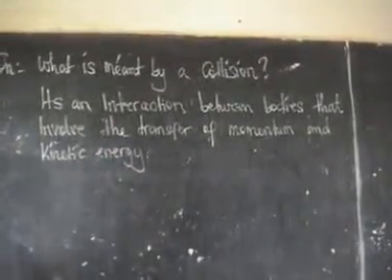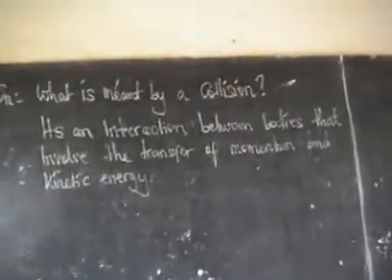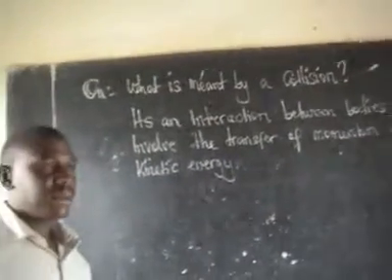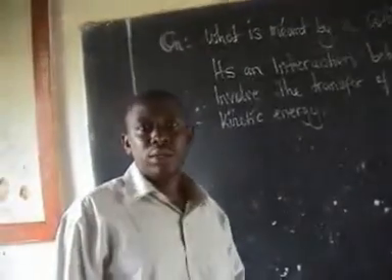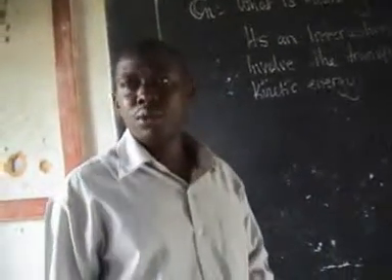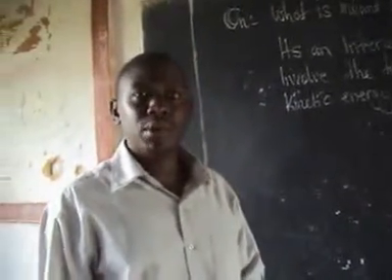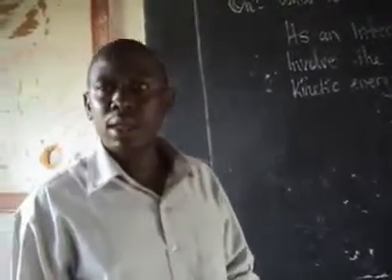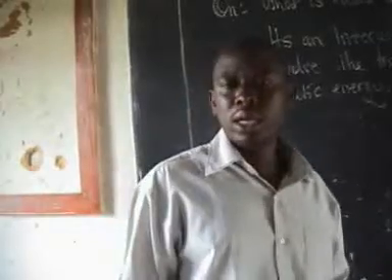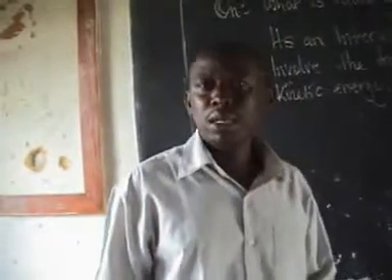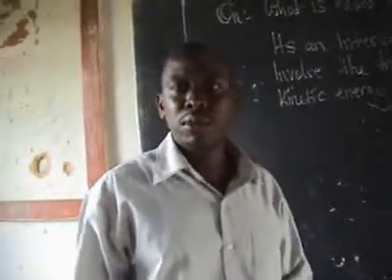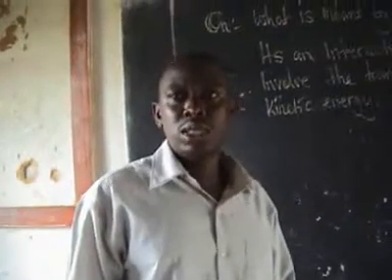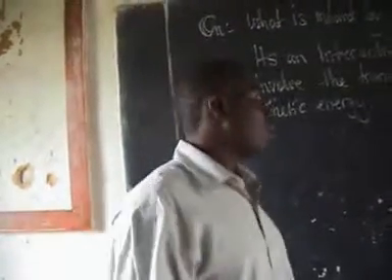In any collision, energy is conserved. When we were in O level, you may have looked at the principle of conservation of energy, which stated that energy can neither be created nor destroyed, but is just changed from one state to another.